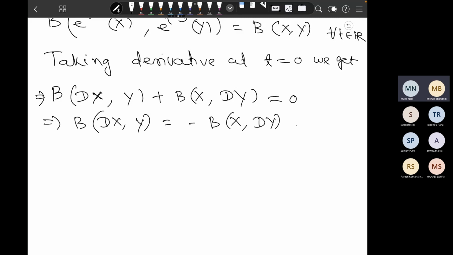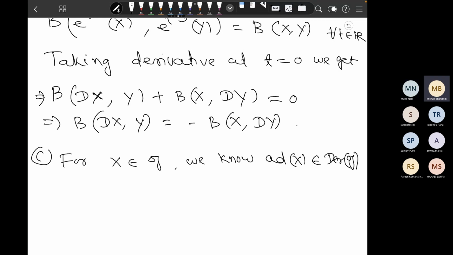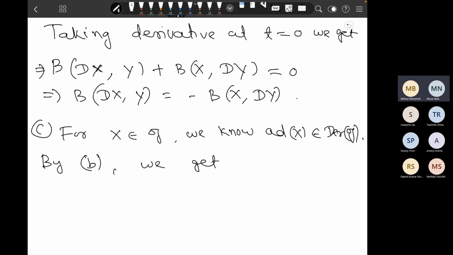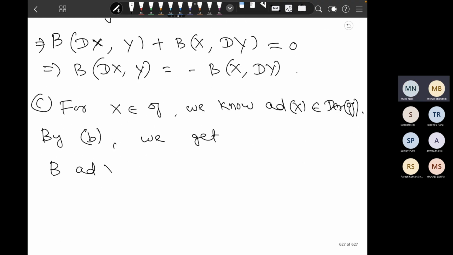Okay. Now see, for x belonging to G, we know that this R_x belongs to the derivation of G. Now by B we get this thing: B of R_x y, z is equal to minus B of y, R_x z.